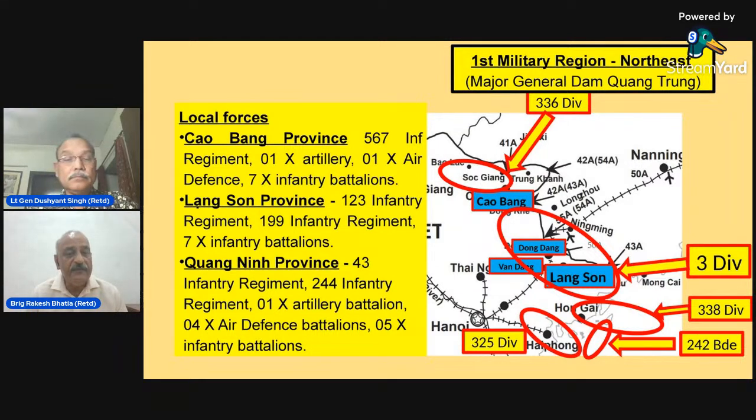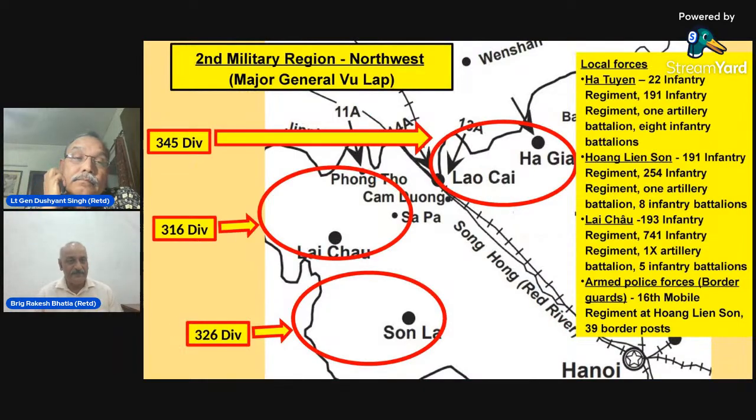There were also independent infantry battalions. Again, I will emphasize these were local forces who knew the terrain very well, who were born and brought up sons of the soil, and they were trained in guerrilla warfare. So they carried out a lot of attrition against the advancing PLA.